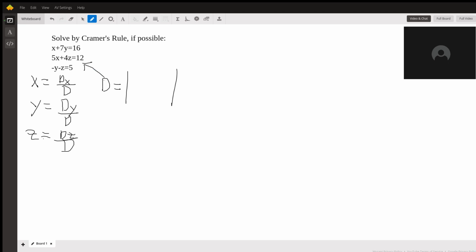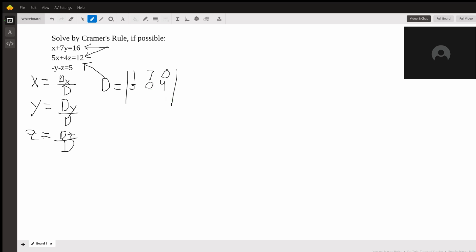For instance, in this line we have 1x, 7y, and 0z. In this one we have 5x, 0y, and 4z.